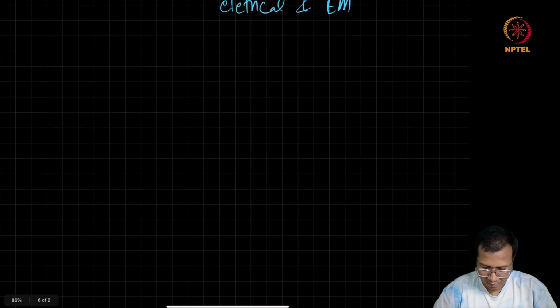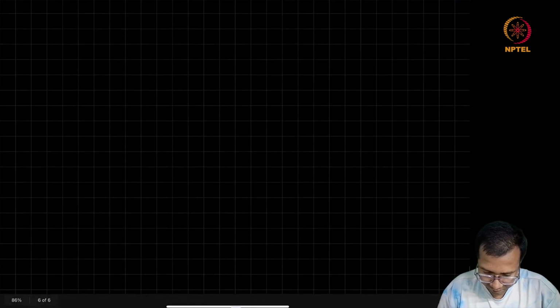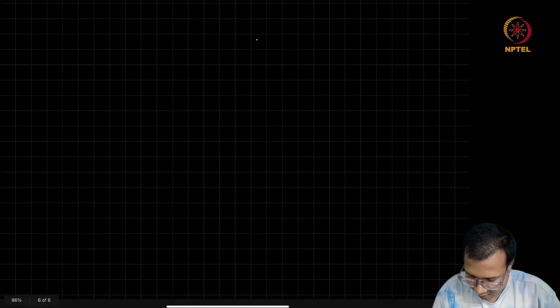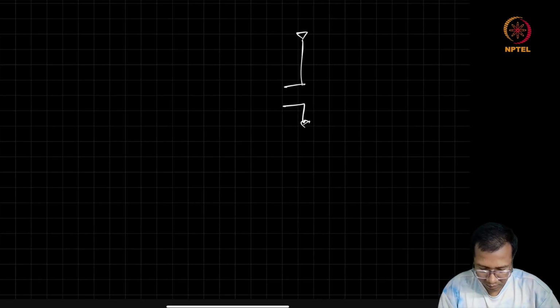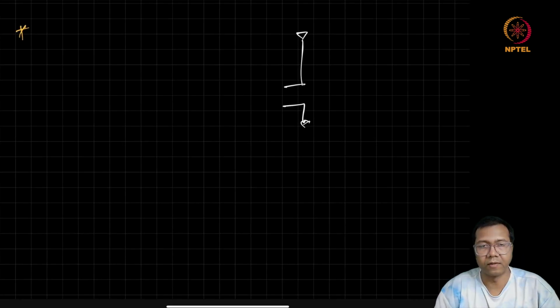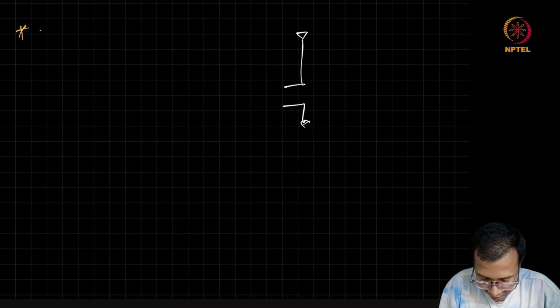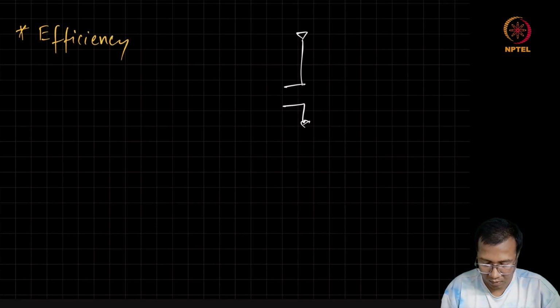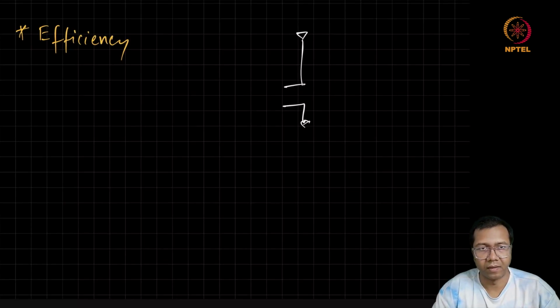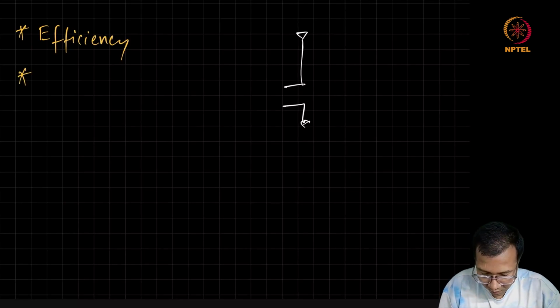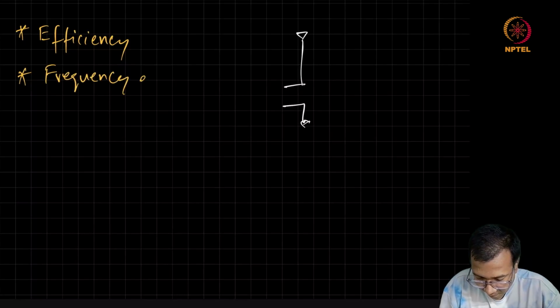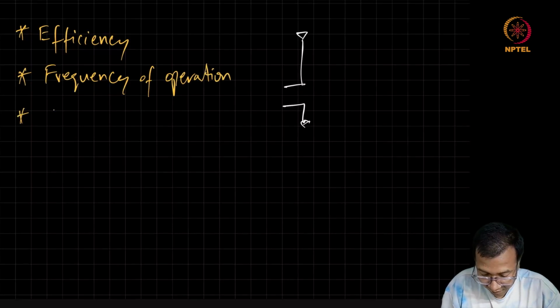So if we talk about an antenna, some of the important metrics which we are interested in will be efficiency, because it's acting like a transducer, its frequency of operation, physical size.